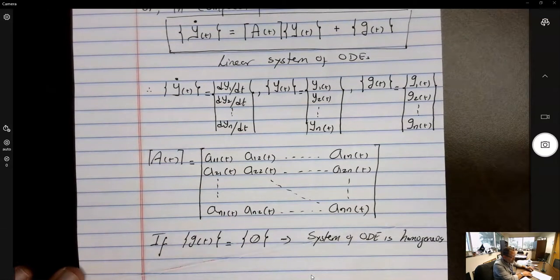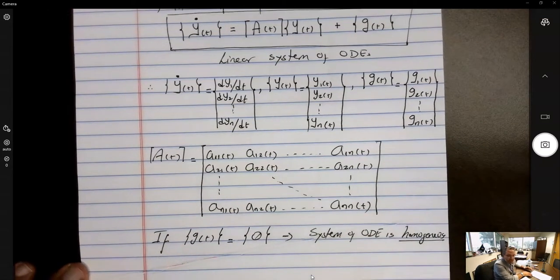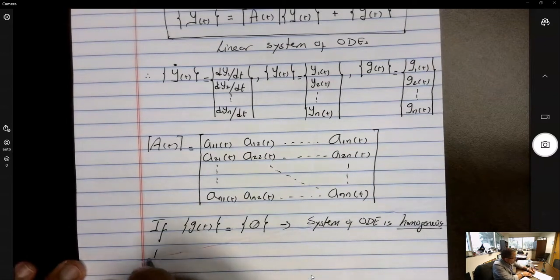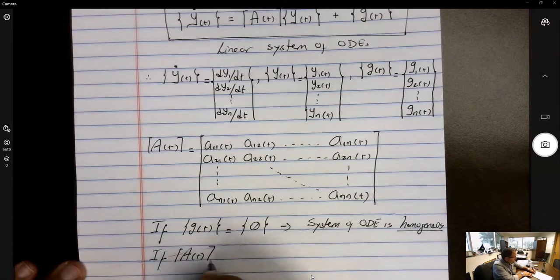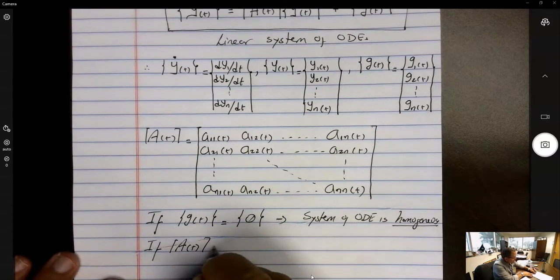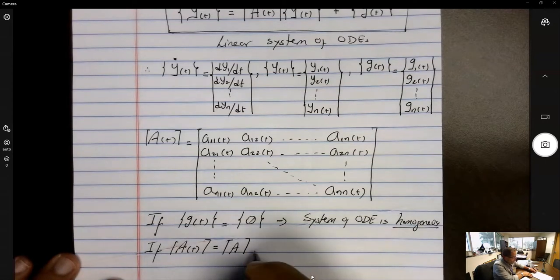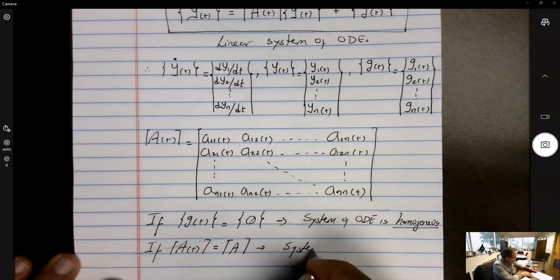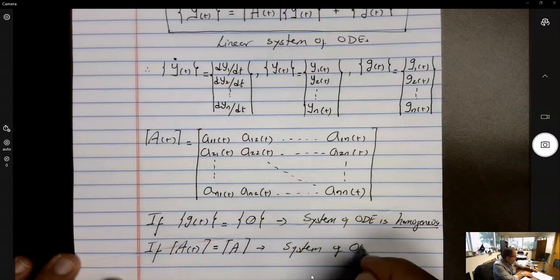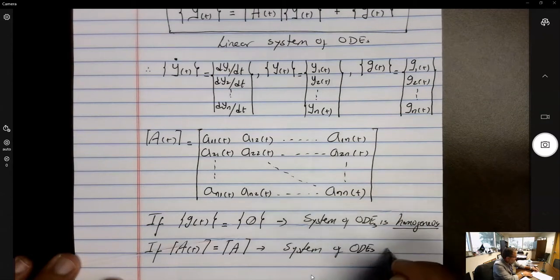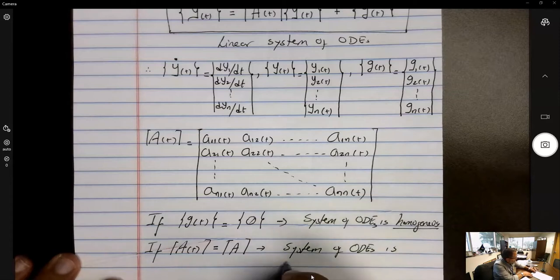If the matrix A of t is just simply a matrix of constant values, then the system of ODEs is constant coefficient.